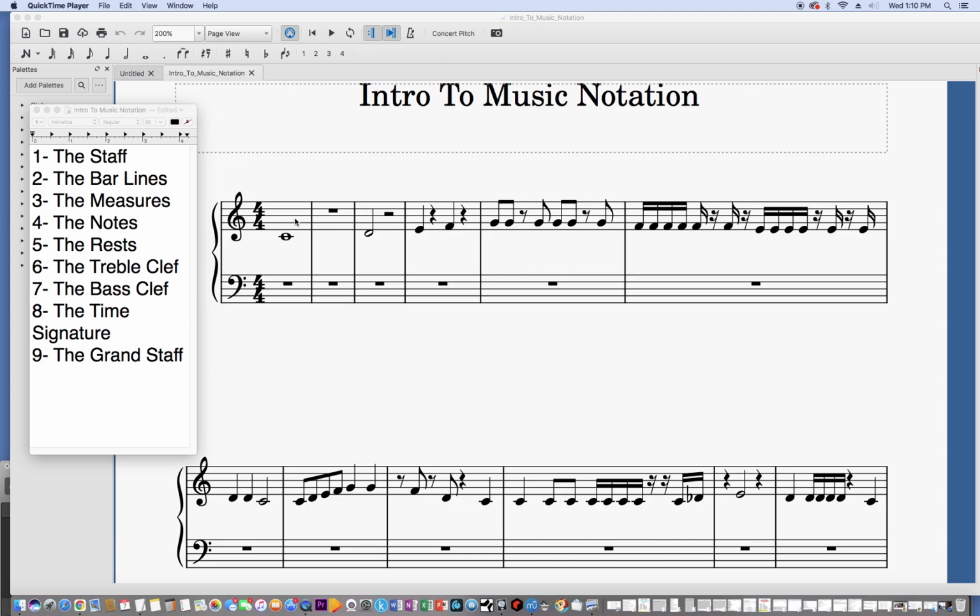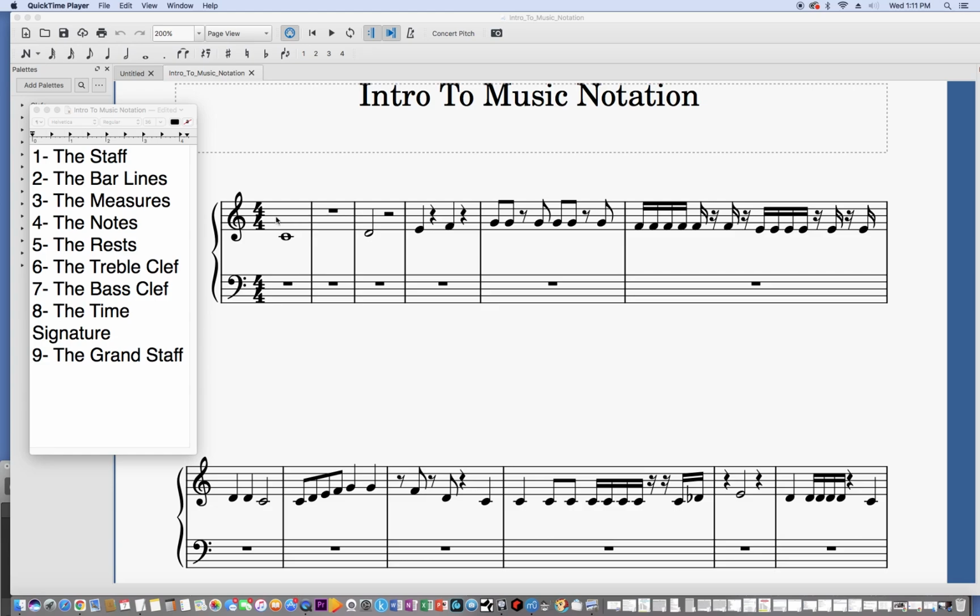Okay, so then you see the vertical lines that divide the staff into measures. Okay, so these vertical lines are called bar lines, and so you see a bar line at the beginning of a measure and at the end of the measure.